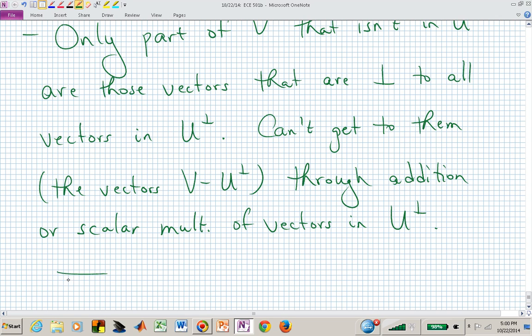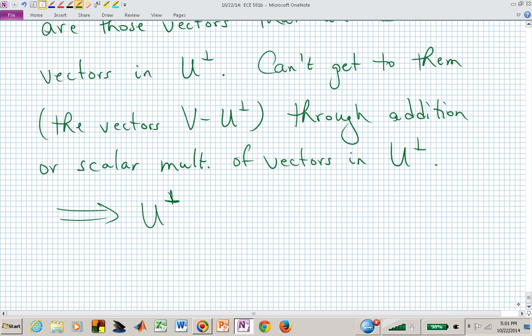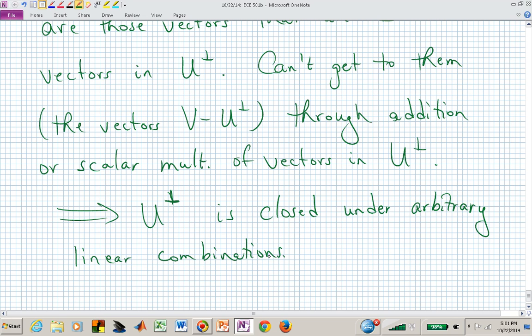We can't get outside of this subset. We can actually say then that these vectors in U perp are closed under arbitrary linear combinations, and that includes scalar multiples and addition. That's implying then that U perp is closed under arbitrary linear combinations.